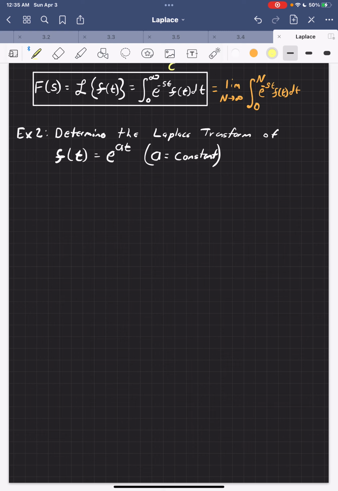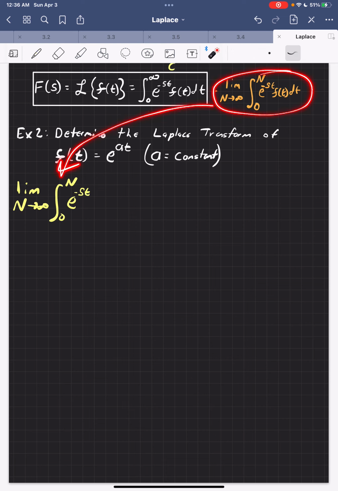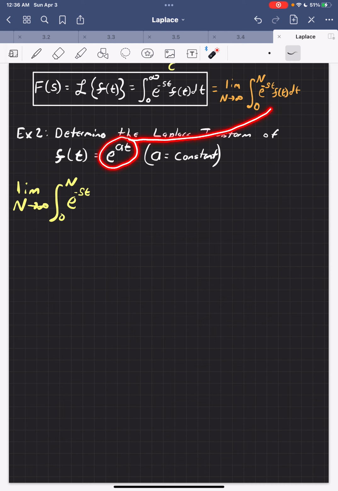So we are going to be looking at the limit with n moving to infinity, 0 to n. All right. So e to the negative st, everything is right from this definition. Only now we're going to be plugging this e to the at in here for this function f of t.